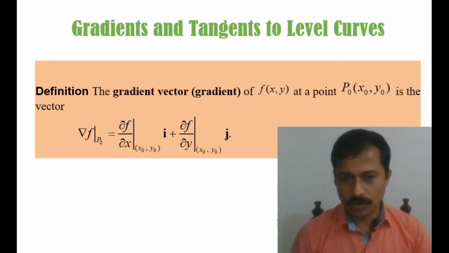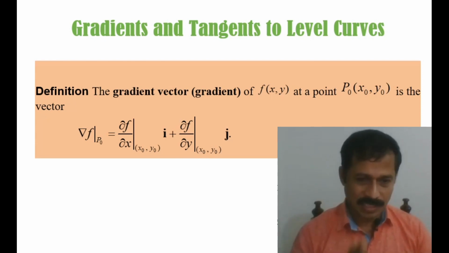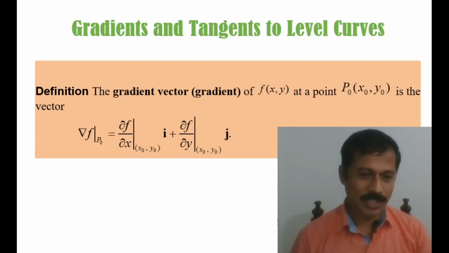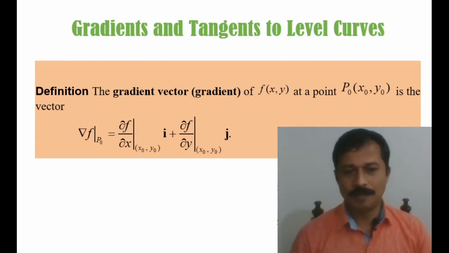We add those two vectors and we get the vector del f by del x evaluated at x0, y0, i, plus del f by del y evaluated at x0, y0, j, and we denote it by del f evaluated at p0.